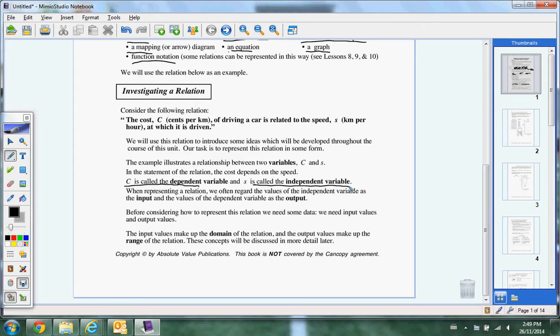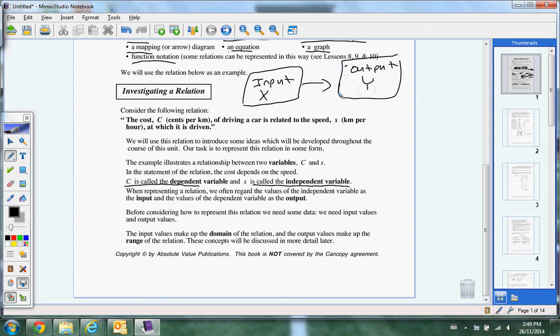This is what I was talking about, X and Y. Okay, we're talking about input, output, okay? X is your input. Output is Y. Input X, output Y. Input's your independent, right? Output is your dependent.